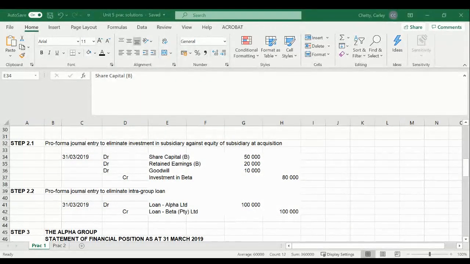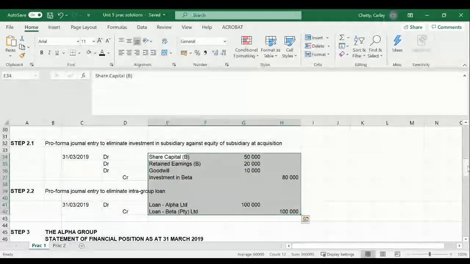So this is the consolidated group, showing Alpha and Beta's figures, and this is different to the separate financial statements. Separate financial statements will still be prepared for Alpha and for Beta, but consolidated financial statements also need to be prepared. So we are going to look at how to prepare the consolidated statement of financial position for the group.